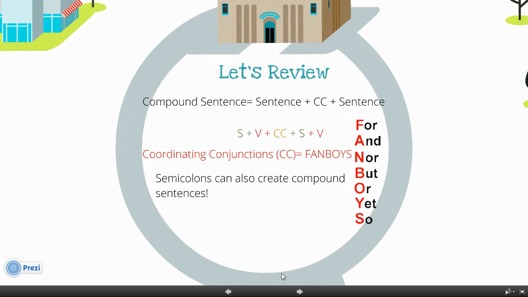The coordinating conjunction can be remembered by the acronym FANBOYS, which has all 7 of the coordinating conjunctions that you can use. Semicolons can also create compound sentences, so don't forget that. Semicolons are always fun to use in sentences.